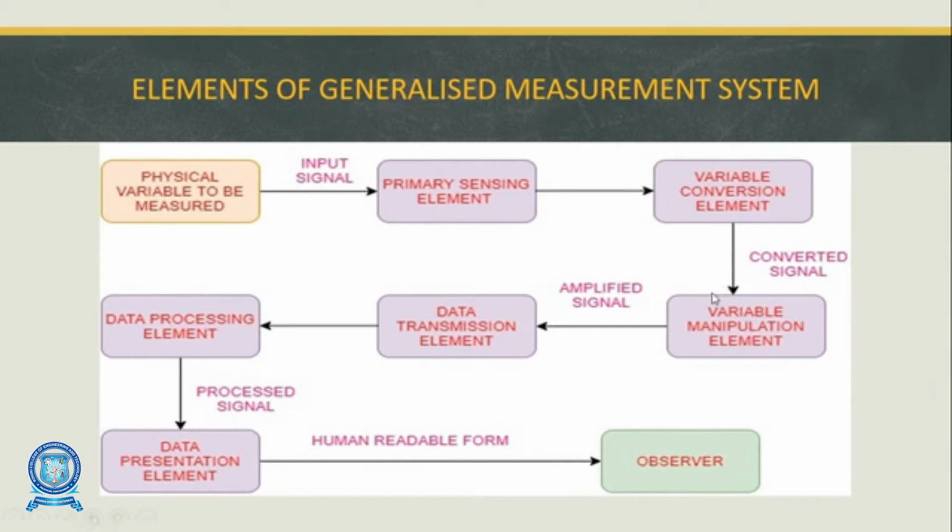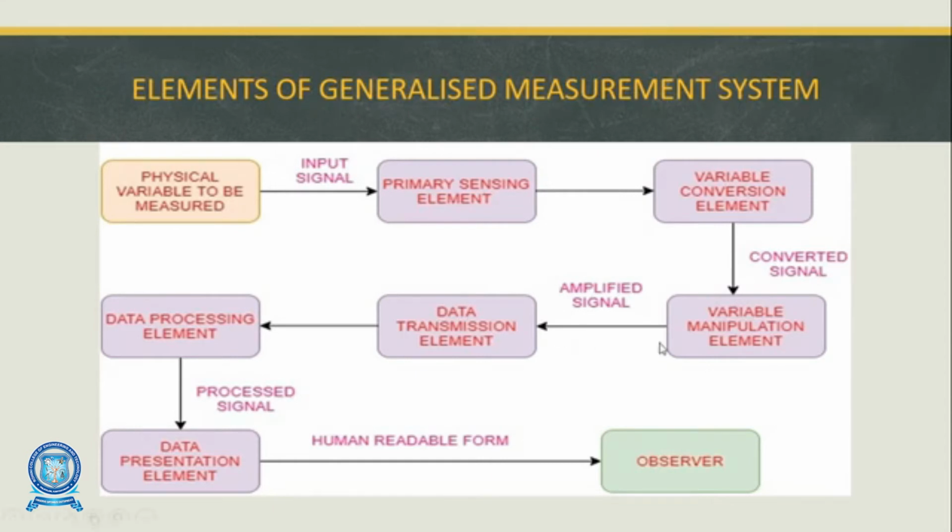The next one is variable manipulation element. This variable manipulation element receives the converted signal from the variable conversion element and manipulates, then amplifies the received signal. What is meant by amplify?